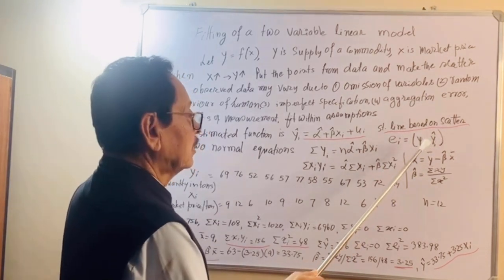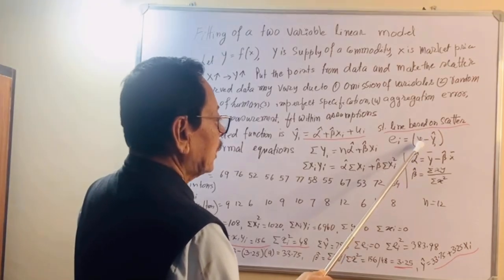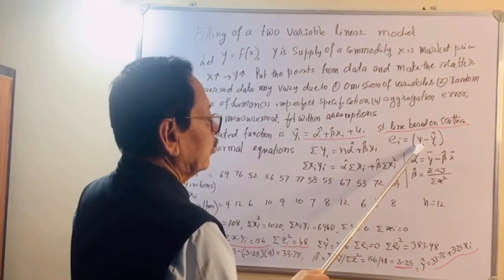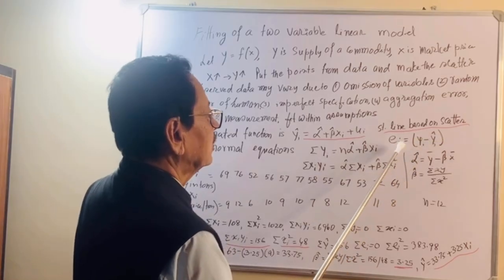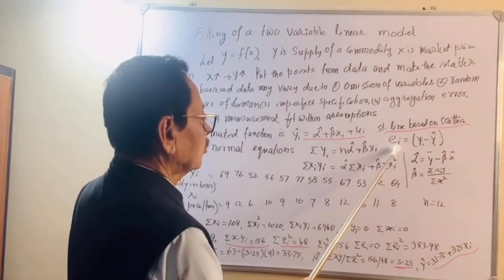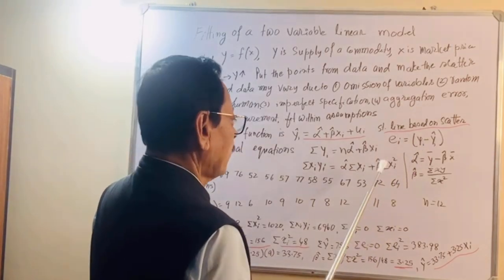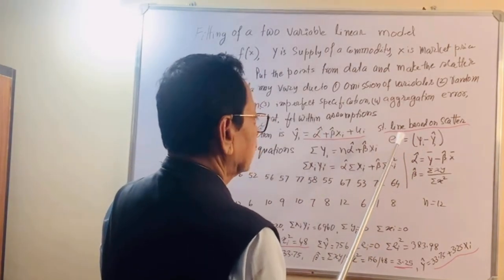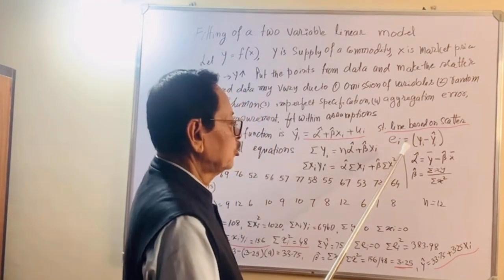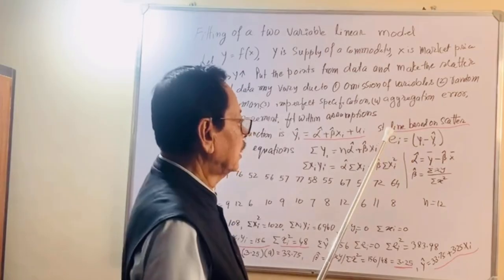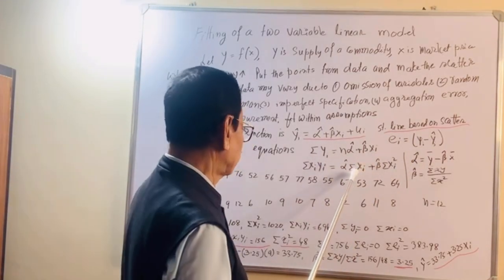The difference between, suppose, the first observation y1 and estimated y1, what is the difference? This will be e1. So there will be n number of e, and we have already discussed that the sum of the squares of the error term should be the minimum. And based on this, we developed two normal equations.